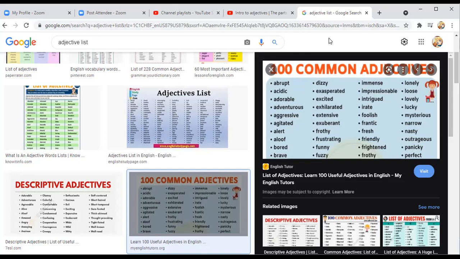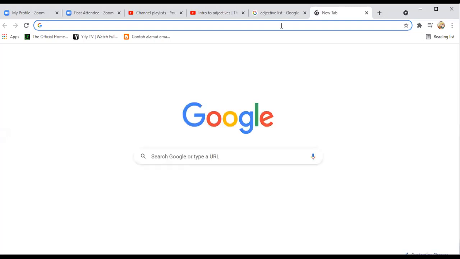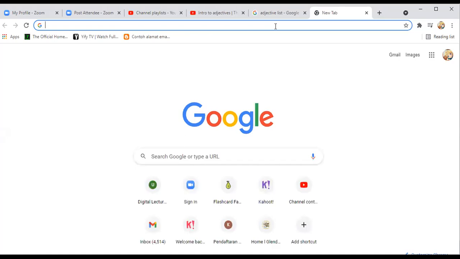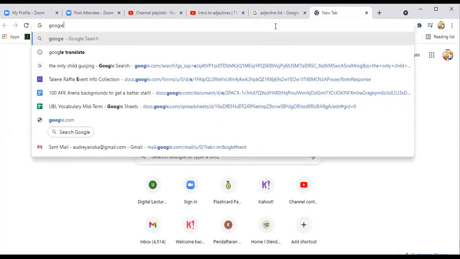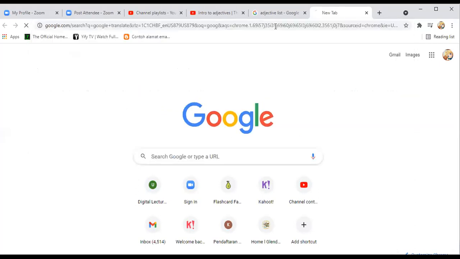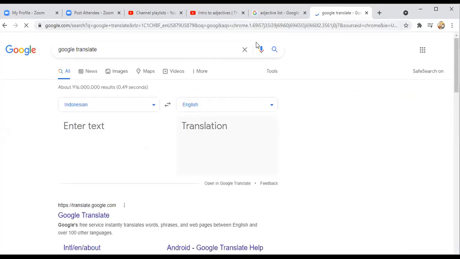And when you are writing it down, I hope you will be able to try to pronounce it too. Because in Google Translate, you will be able to listen to the sound, right?